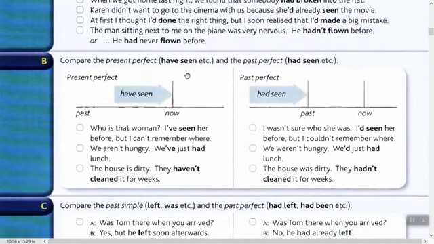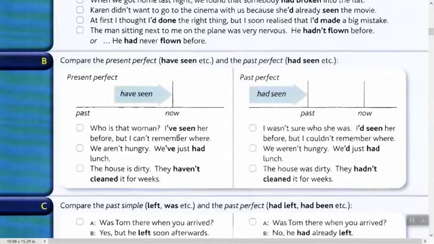This is the difference between past perfect and present perfect. Here, for example, past and now. Past, now. Here, still in the past. No now. Sorry. For example, who is that woman? Now, you look at her and say, who is this girl? Who is that woman? Now, I've seen her before.